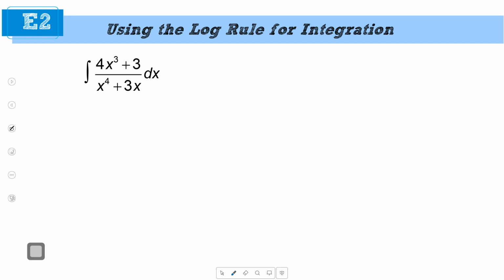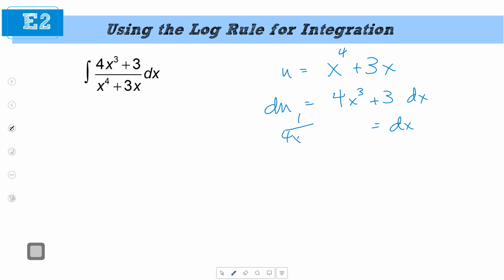What was the rule we talked about with u? What do I want u to be here? Biggest power. The higher power. So I'm going to do x to the 4th plus 3x. Now what? Find the derivative. Did we choose wisely?